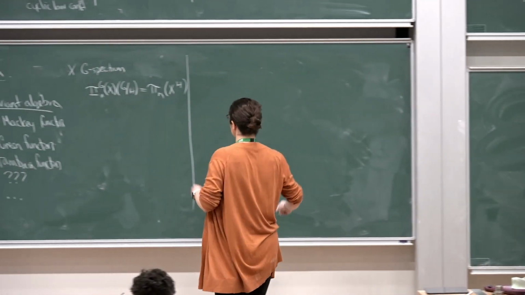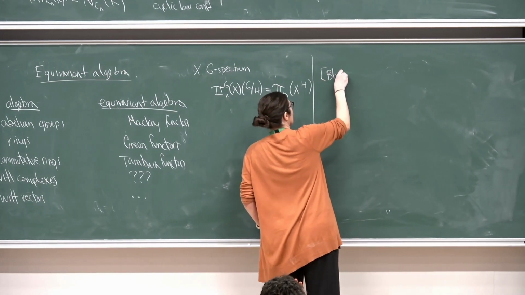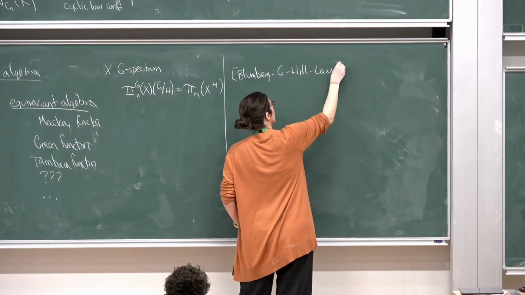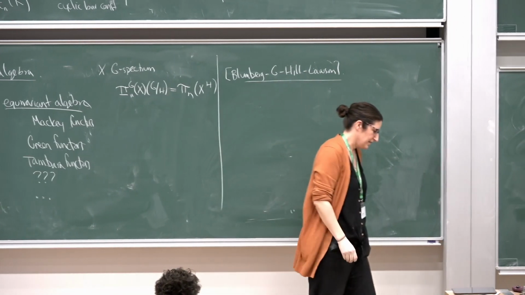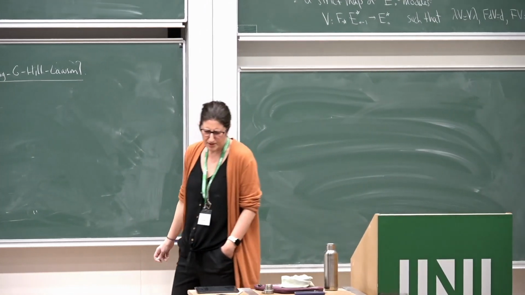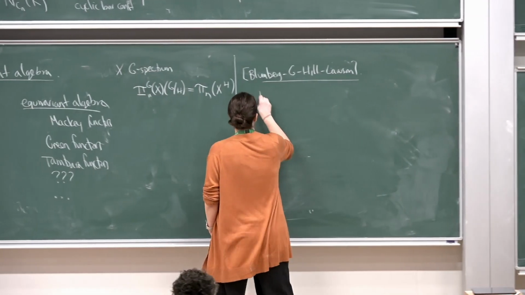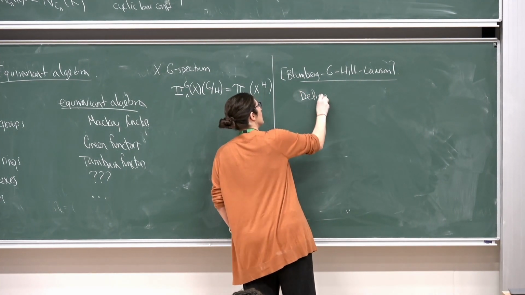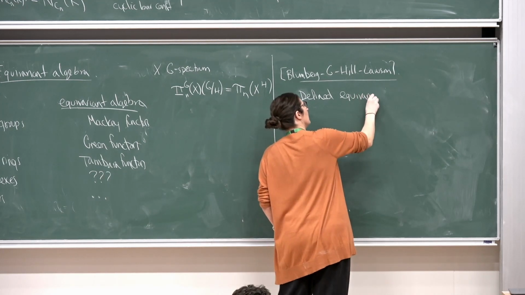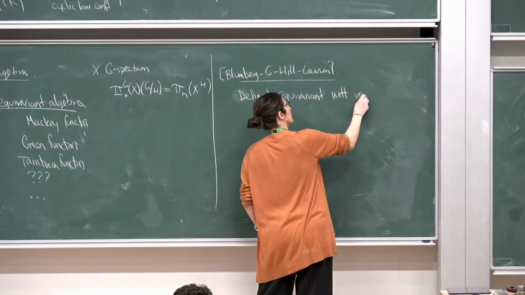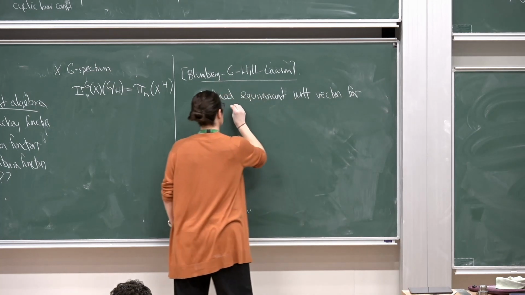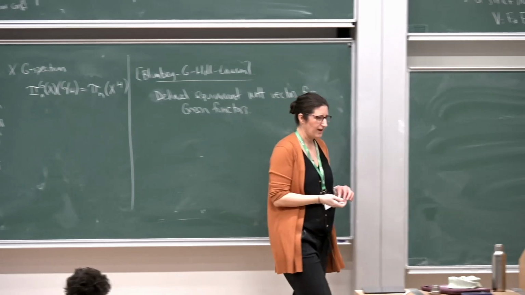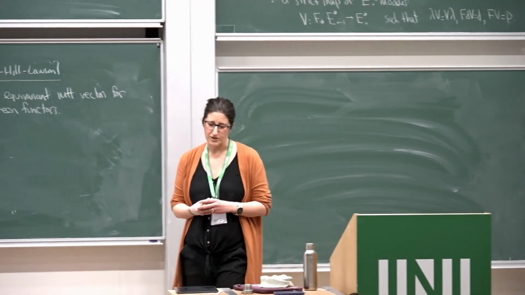So it turns out that you can do that. That's work of Blumberg, myself, Mike Hill, and Tyler Lawson. We thought about Witt vectors in this equivariant setting. We defined equivariant Witt vectors for Green functors. Green functors are the analog of rings, so we define a notion of Witt vectors for Green functors.